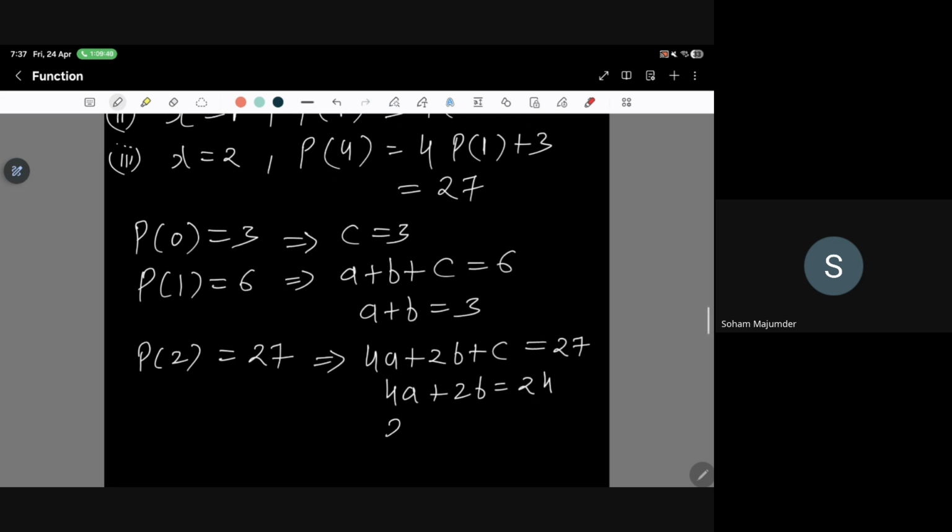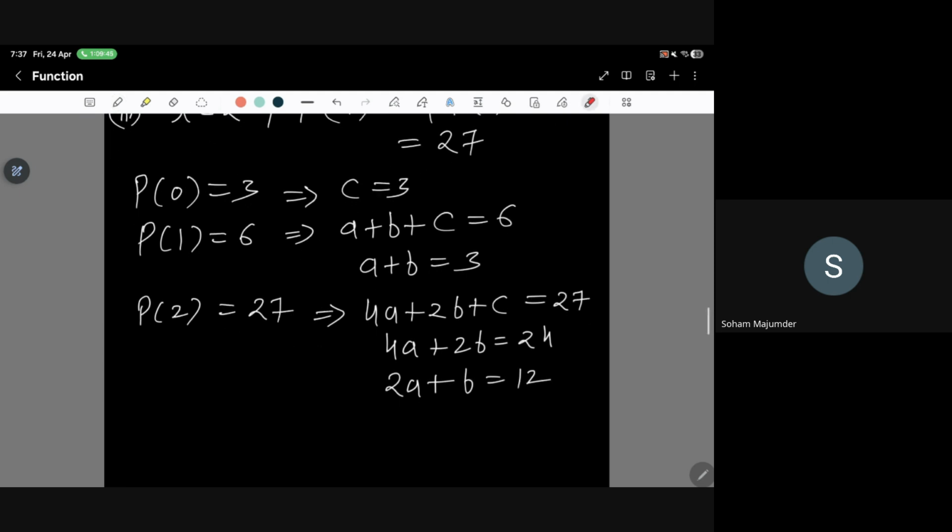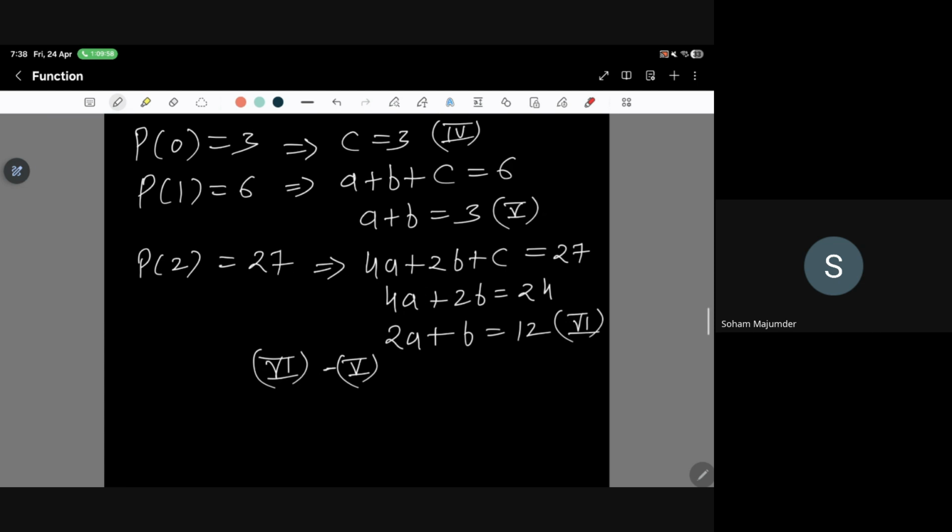So taking 2 common, 2a plus b equals 12. If I subtract these two, the sixth minus the fifth equation, b got eliminated and a comes out to be 9.